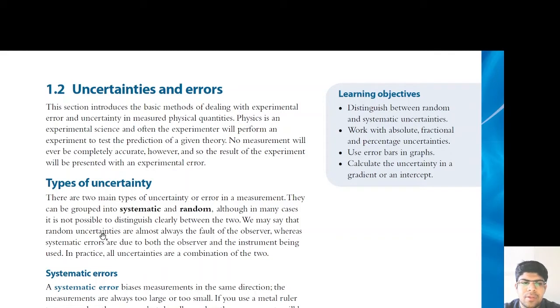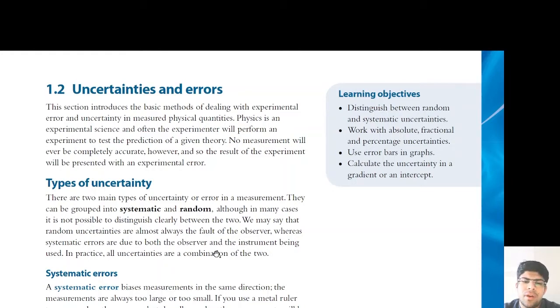So random uncertainties are almost always due to the fault of the observer, but systematic errors are due to both the observer and the instrument being used.